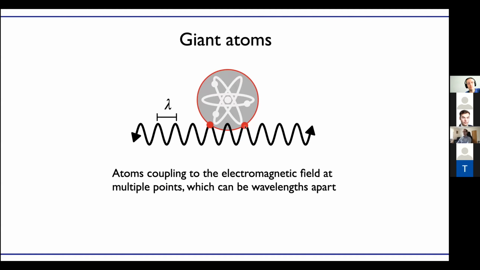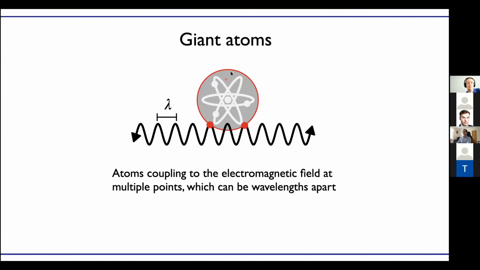I think it's a little different from the example you mention, because there it wouldn't be discrete points at which you couple, but you would couple continuously over several wavelengths, which makes the problem more complicated, I guess.